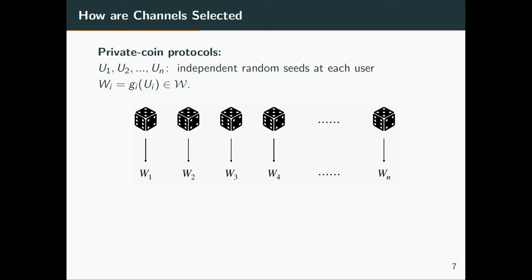And then each channel is selected based on the realization of the user's own random seed. You can see that if the set script W is convex, this is equivalent to each user selecting a deterministic channel W bar_i, which is equal to the expected channel he will select over the randomness of the random seed.